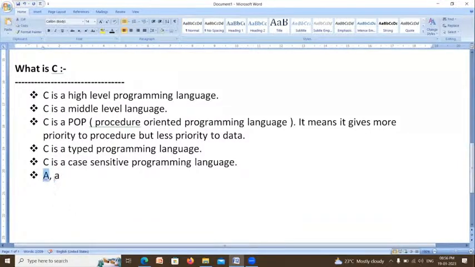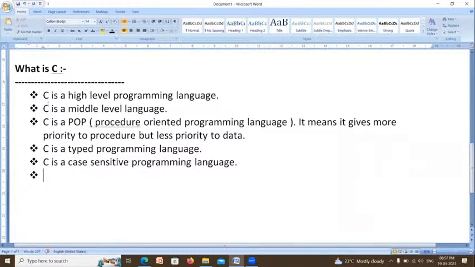The sound is the same, it is A, it is also A, but one is capital A and the other is small a. If the computer considers capital A and small a as different, then it is called case sensitive. If the computer doesn't recognize them as different and feels both are the same, then it is case insensitive. So C is a case sensitive programming language.